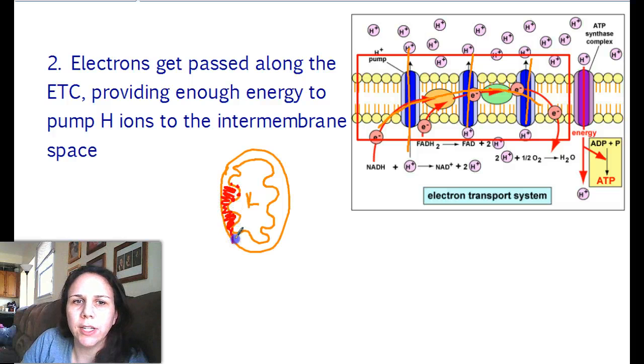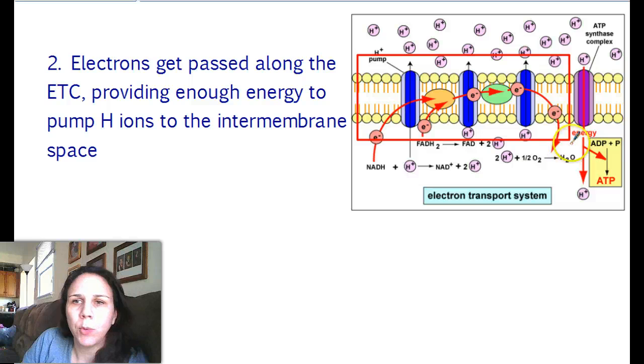So this is filling up with hydrogen ions. Well, I can only hold so many before they're going to be forced back through the other side. So they're going to be forced through back to the inside of the matrix. So this is a matrix on this side. But when they get squirted through to the other side, we're going to use them just like we did last time. When the protons go through, that's going to provide energy to make ATP.